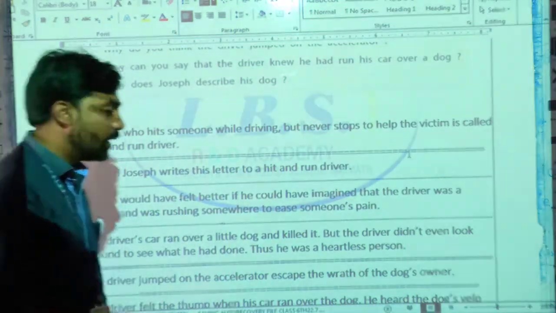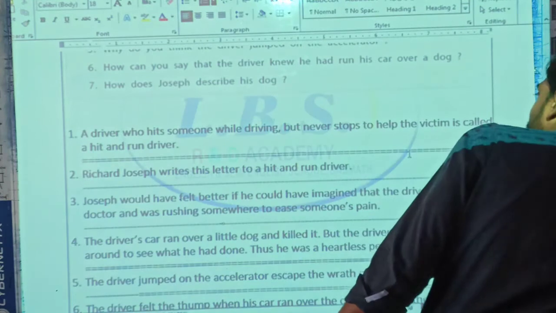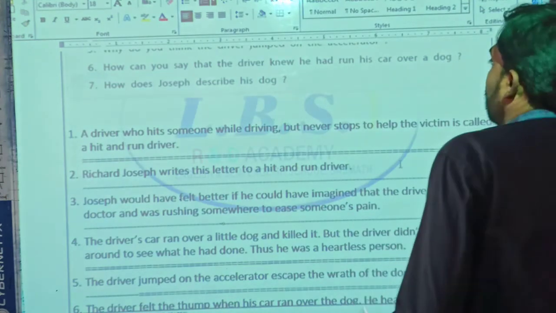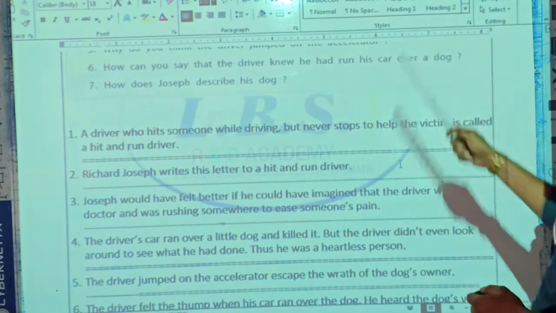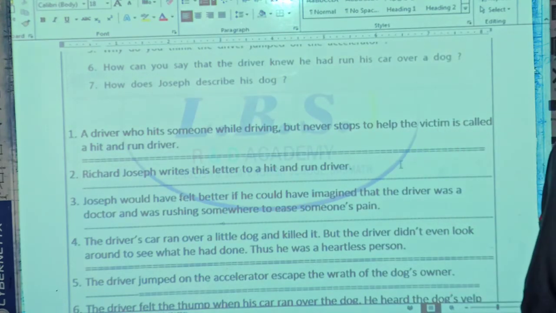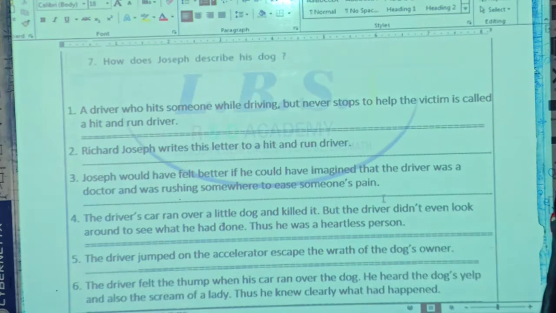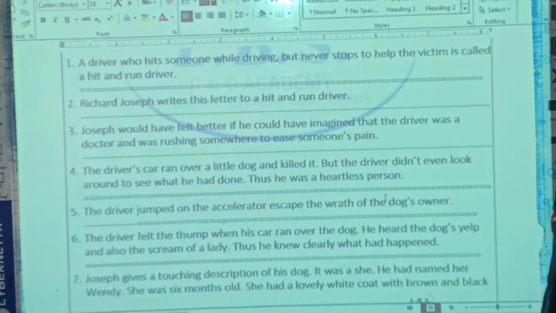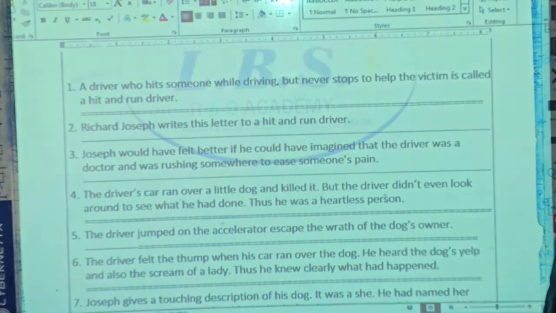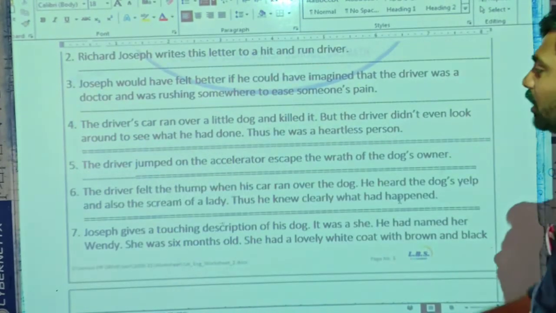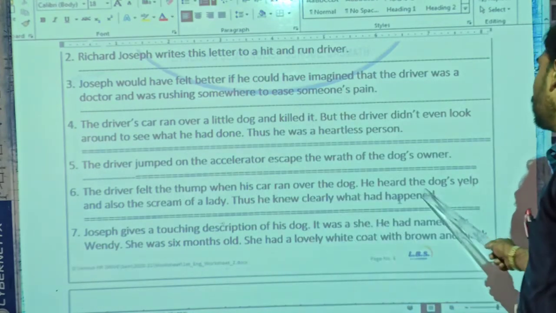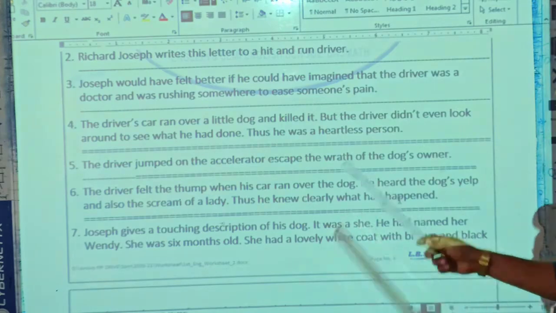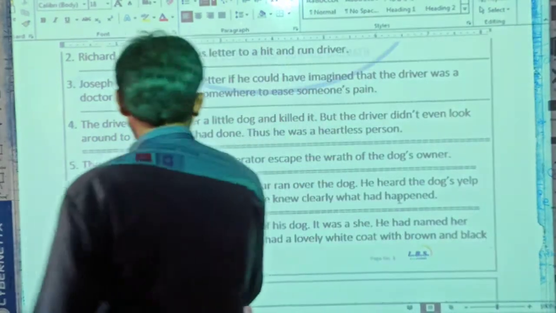Now the sixth question is there. How can you say that the driver knew he had run his car over a dog? So what is its answer? Let's see. The driver felt the thump when his car ran over the dog, and he heard the dog's yelp and also the scream of a lady.